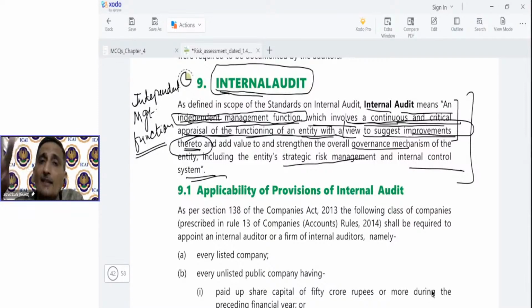That is the job of the statutory auditor, external auditor. It falls within his exclusive domain. Only he can express opinion on financial statements.